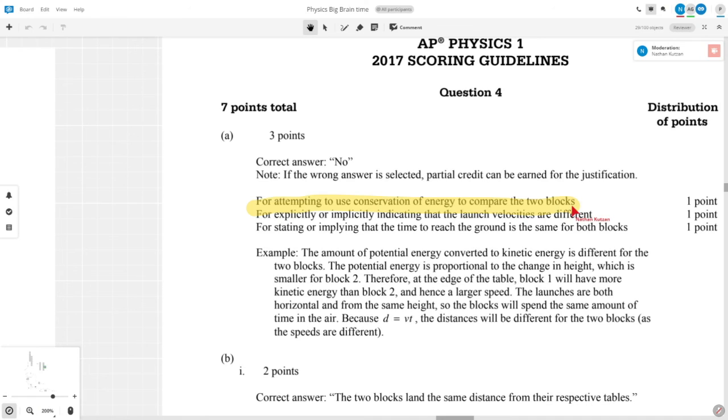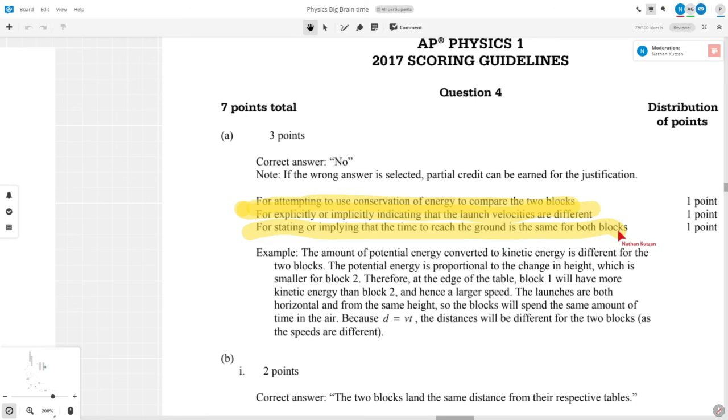Most people also got the second point, which is just saying that when they leave the ramp, the second one was launched at a faster velocity, so therefore it landed farther. The last one was the tricky one. Very few people got it here, and very few people got it nationally. It was the most missed point on the FRQ.